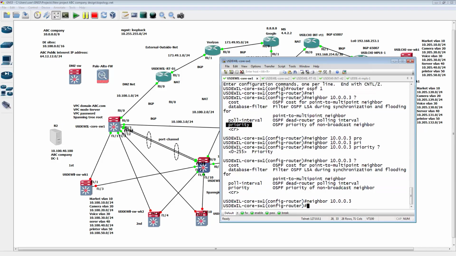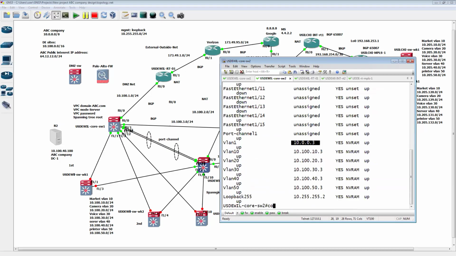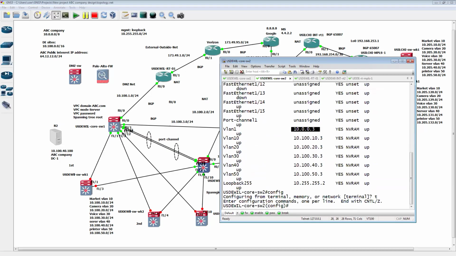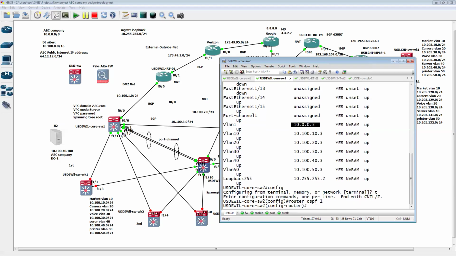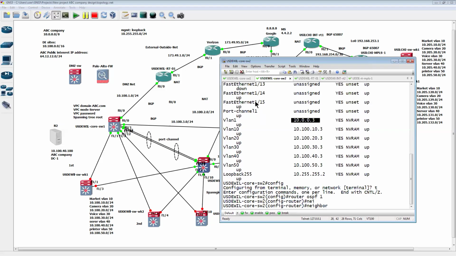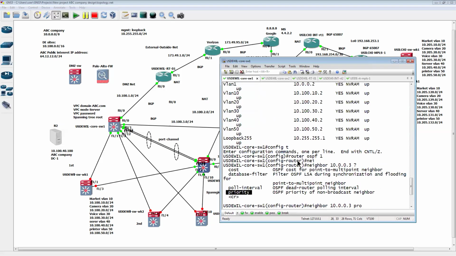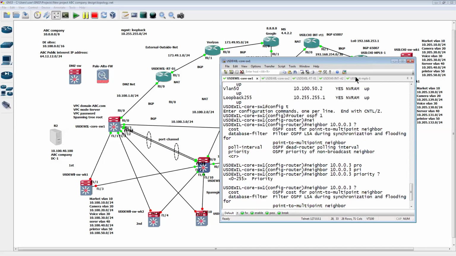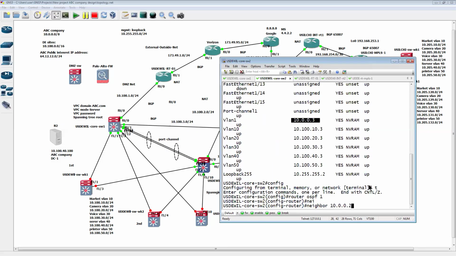Now we go back to Core Switch 2. Same thing again: router OSPF 1, and then neighbor. What is this neighbor's IP? We go back to here, it should be .2. So neighbor .2.